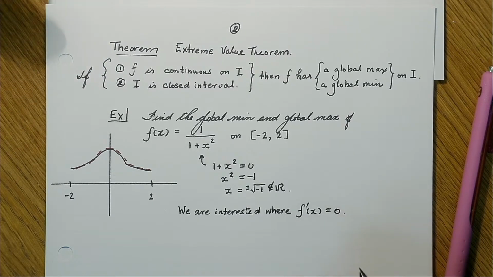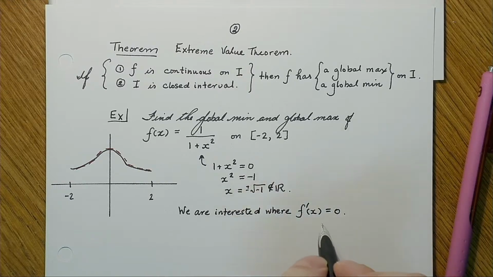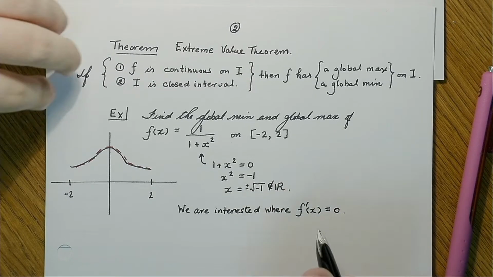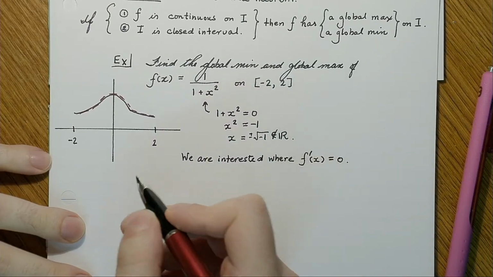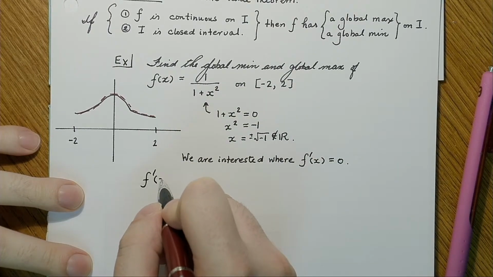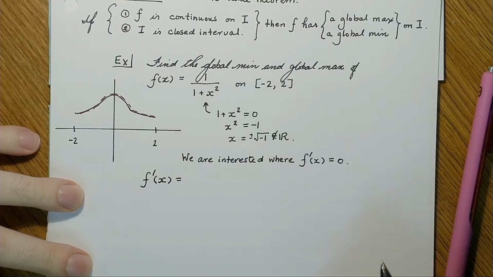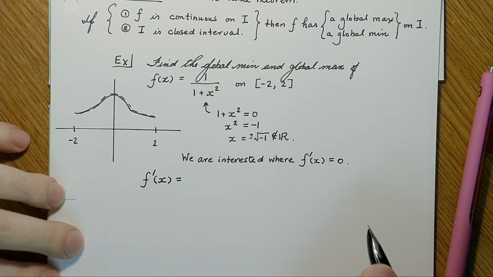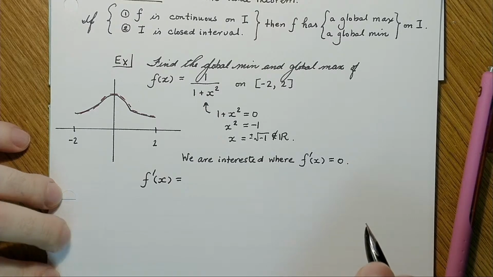So since that means I need the critical values, I need to find the first derivative. So we need to take that derivative. You could use the quotient rule.